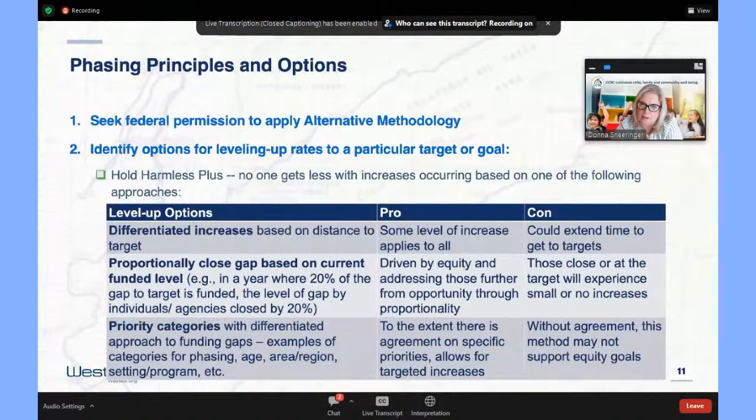And part of what we talked about in the work group was that we needed to lift all boats. And I really worry about getting divided up by doing this.